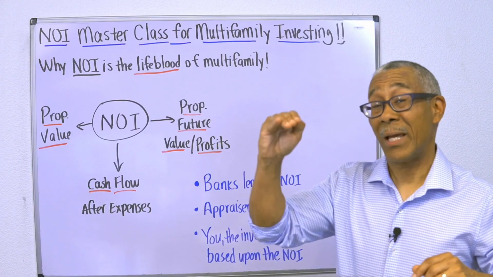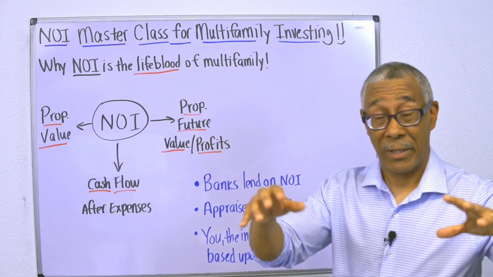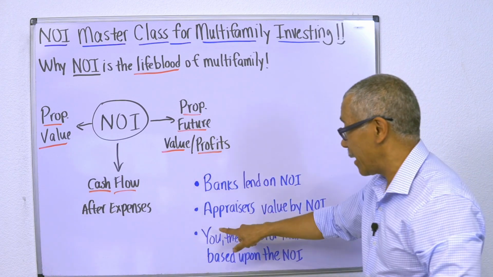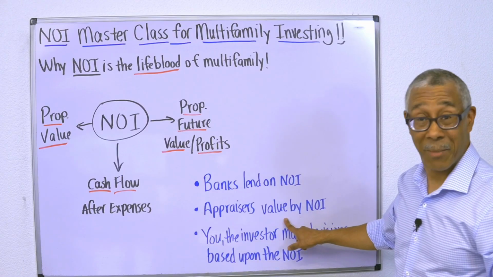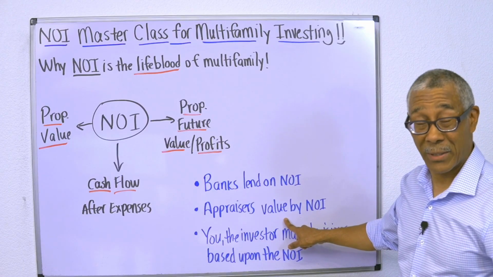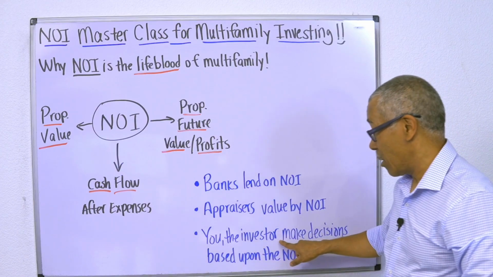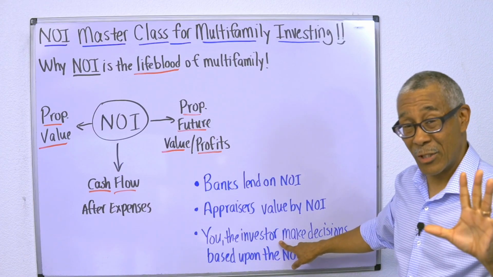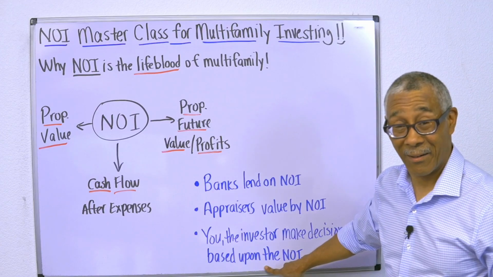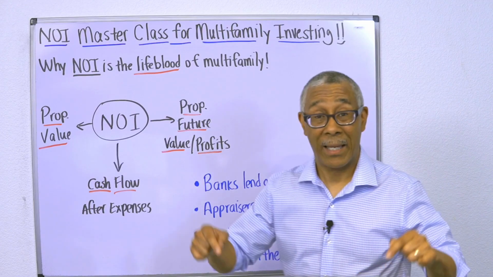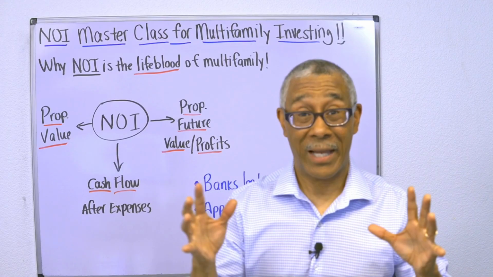So the higher the NOI, the more apt the lender is to give you a loan. And appraisers will value the property based upon the NOI as well, for multifamily, 5 units and greater. And you, the investor, will make the best decisions based upon the property's NOI. This is why the NOI is your lifeline. Got it? All right, so let's go on next to how to calculate it.